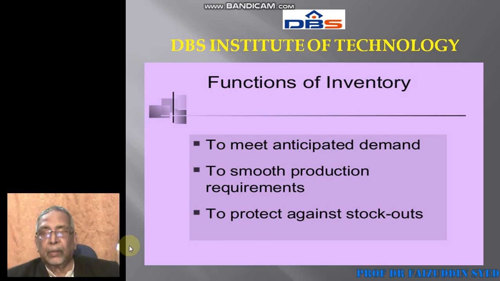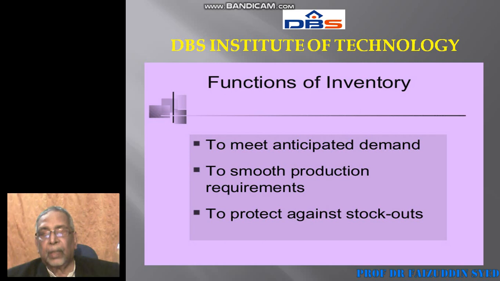Suppose we purchase a lot of material. This is called an inventory, but we are spending a lot of money on the purchase of material. What does it mean? See, your money is material. The material is used to make a product, then only it is useful.